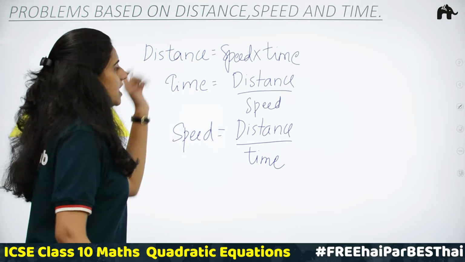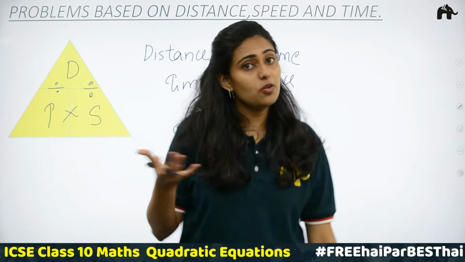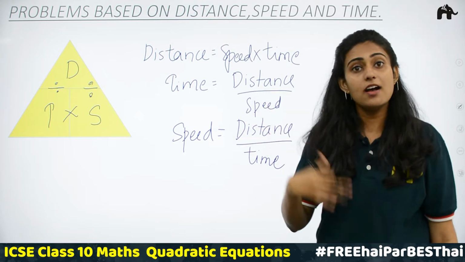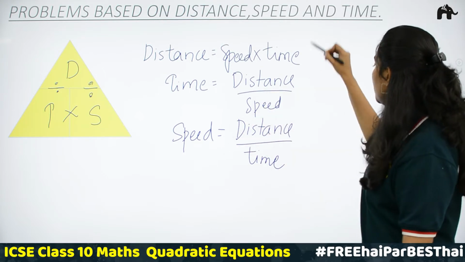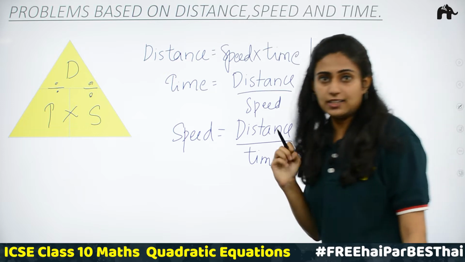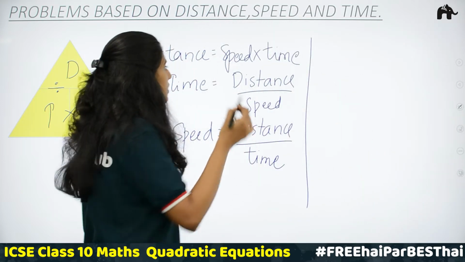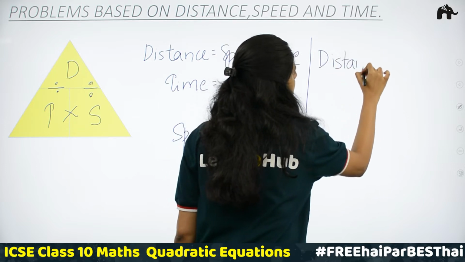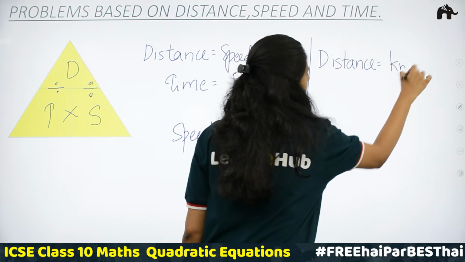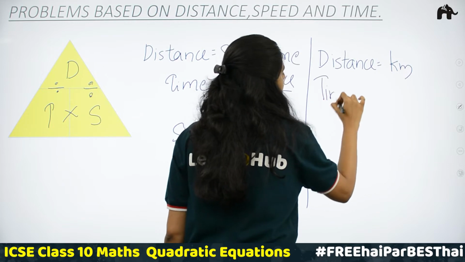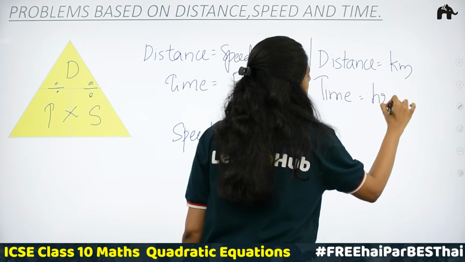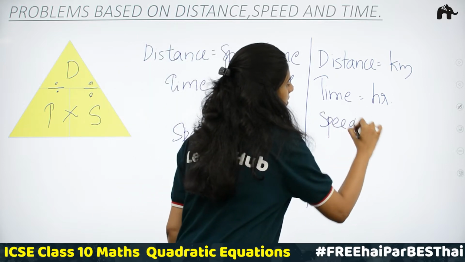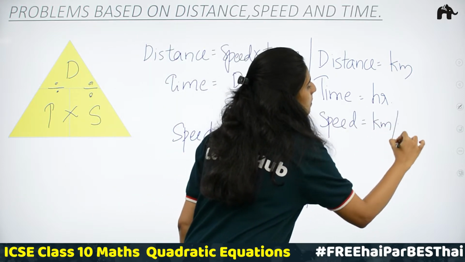From the statement, first we have to convert it into a quadratic form. These relations will help you to convert the statement into a quadratic form. Then you have to remember some important things, that is the units of these quantities. If distance is in kilometer and time is in hour, speed should be in kilometer per hour.